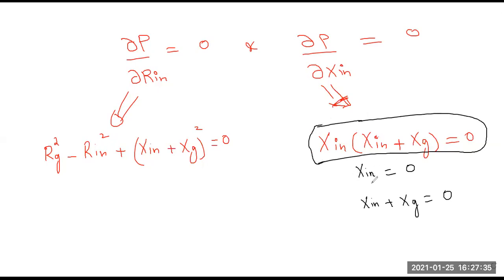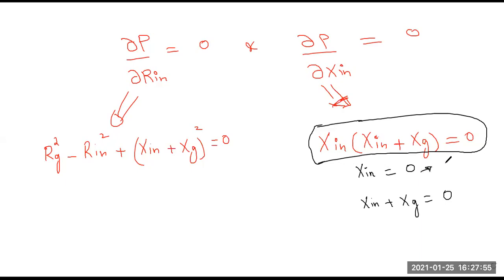But if you look at the first possibility that Xn is equal to 0, if you remember, we have already considered two cases, and out of these two cases, one case was that the load is matched to the line. So this case is exactly similar.